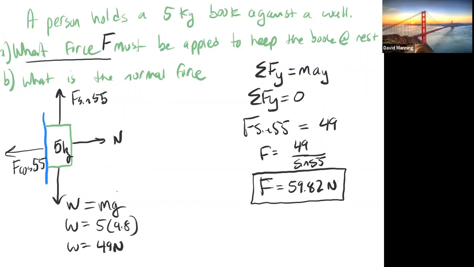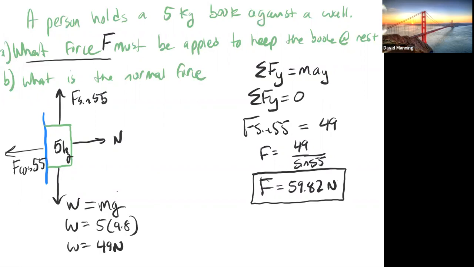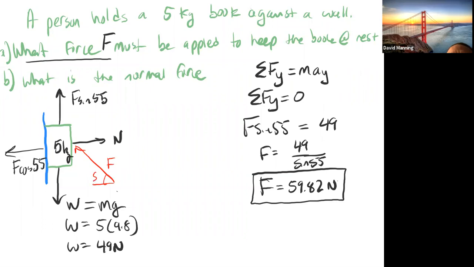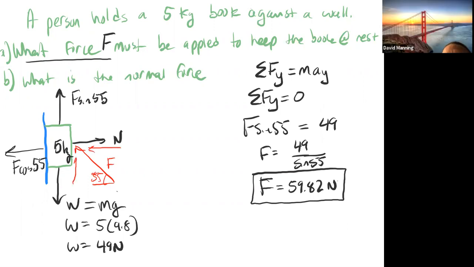Any questions there before we move to part 2 or part B? So those F sine and F cosine, are you talking about the X and Y of the force that you're applying holding it there? Yeah, this was the original force F at 55 degrees. Those are the components. Right, so we have Fx here and Fy here.